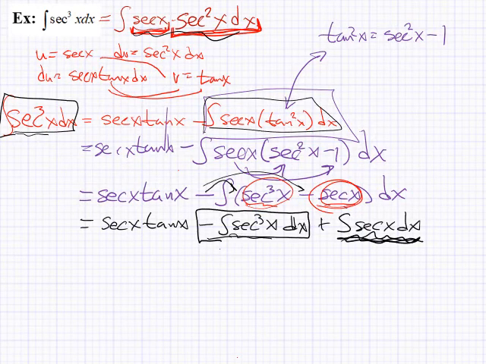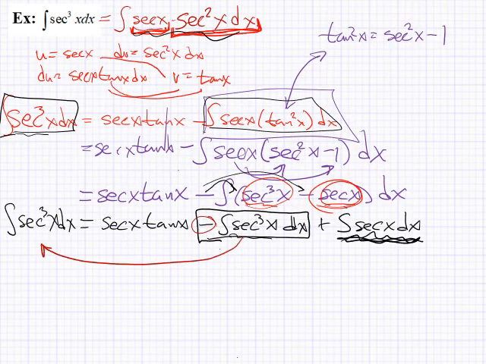Remember, this is an equation. The integral of secant cubed x dx is on the left, and all this is on the right. I'm going to use a little bit of algebra: this is being subtracted, so I'm going to add it to the other side.